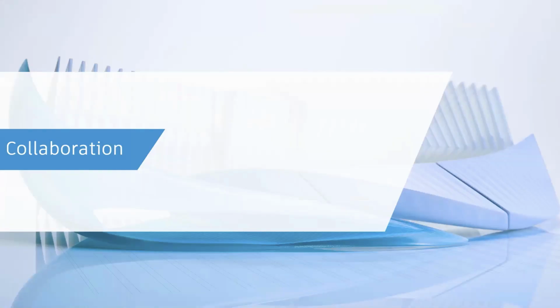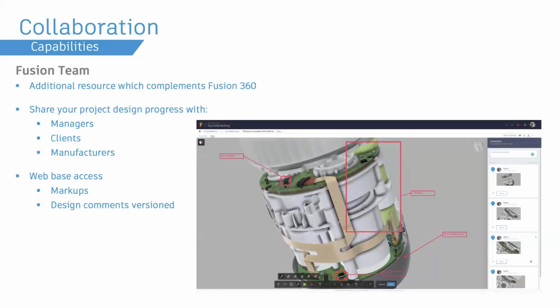Now, let's go ahead and take a look at the collaboration tools that we have in Fusion 360. Fusion 360 actually has access to what we call Fusion Team. Fusion Team creates a link which I can access using a web browser and take a look at the design in 2D or in 3D.